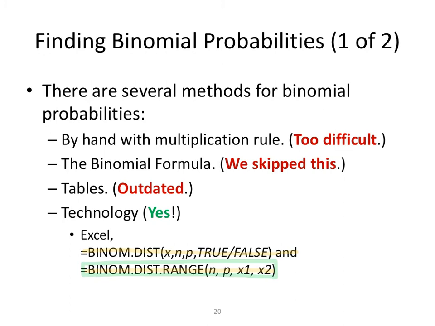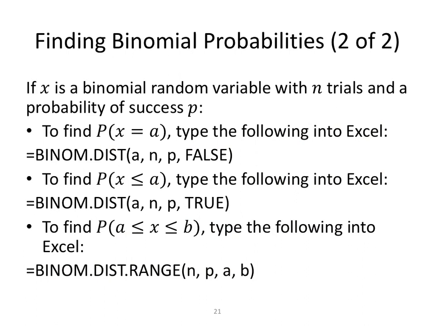So let's do some examples. To use binom.dist.range, you will enter your n value, comma, p-value, so the probability of success, comma, your min, and then your max. Now, if you do not have a min and a max, and let's say I just want to find exactly a specific value, then you could just put in binom.dist.range, N, P, and then that one value, and that will give you that specific value.